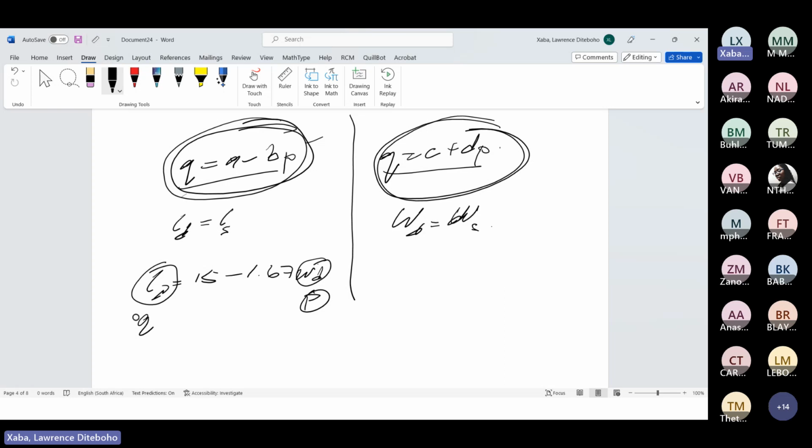It's still the same thing. But in this case now, we want to know the labor and the wage. So what do we do now? For us to come up with our graph, we'll have to know the specific value of L, which is labor, and the specific value of W in this case, which is wage.